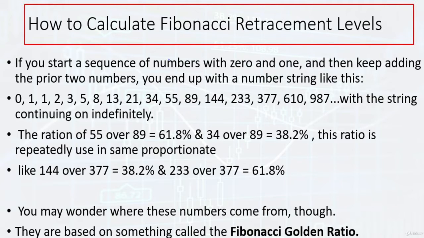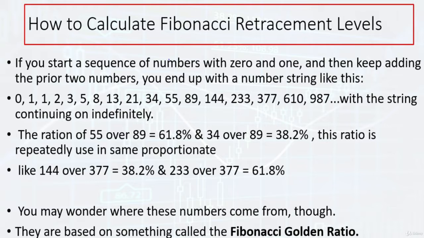As the image shows on your screen, you see a series which is formed by adding the previous number to the current number. Once we add the previous and the current, we identify the next level.